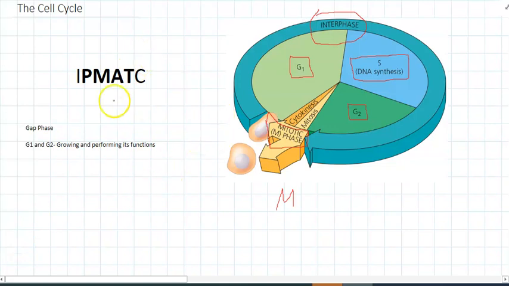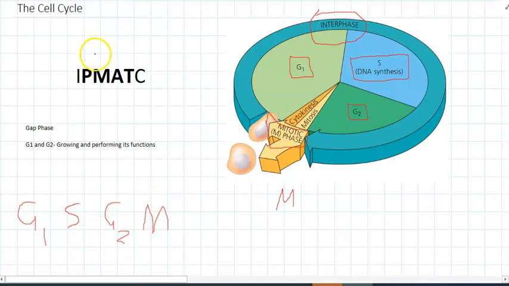So we've talked about ITMAT-C, but a better way to think of the cell cycle is that we've got G1, then we've got the S phase, then we've got the G2 phase, and then we've got the mitotic phase, or mitosis. And if this is a sex cell, then it's going to be meiosis happening there, obviously.